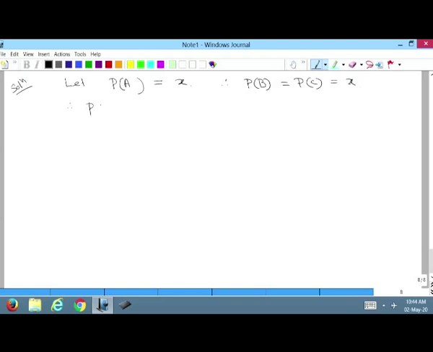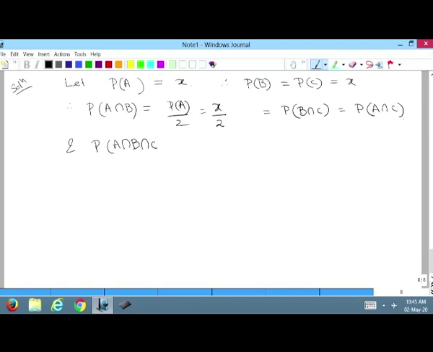Therefore, probability of A intersection B is equal to probability of A by 2, which is x by 2, and that is the same as probability of B intersection C and probability of A intersection C, and probability of A intersection B intersection C is equal to half of that, therefore, x by 4.